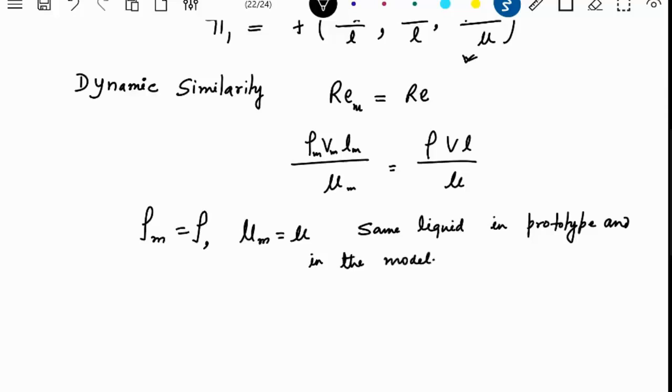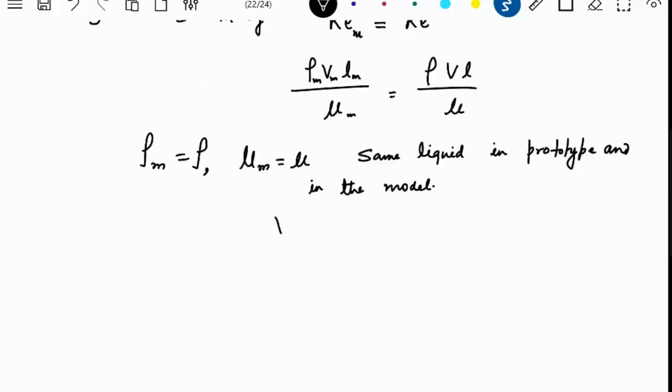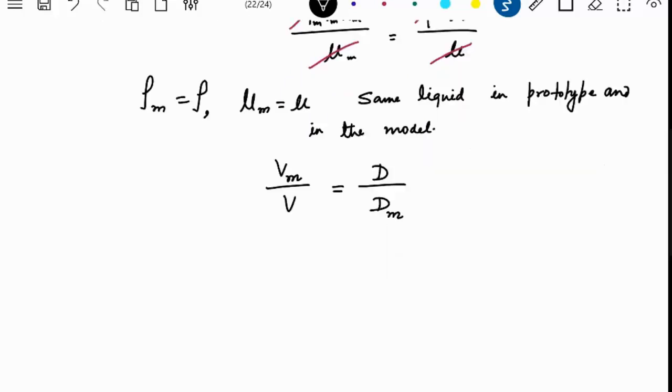So if we use the same liquid, these terms cancel out, and we can write Vm divided by V is equal to, and this length is nothing but the diameter in this case. So Vm by V is equal to D divided by Dm, that is the diameter. This expression we have using dynamic similarity.